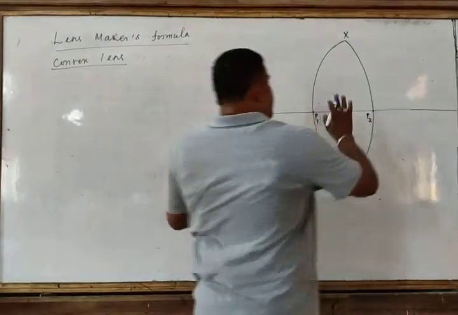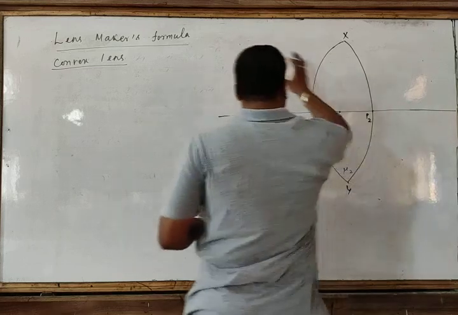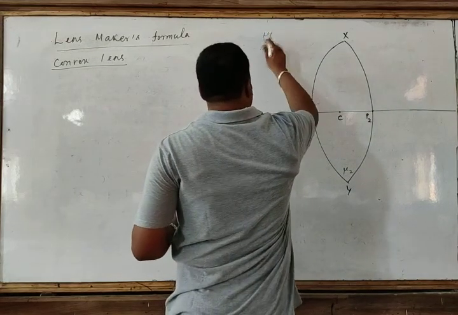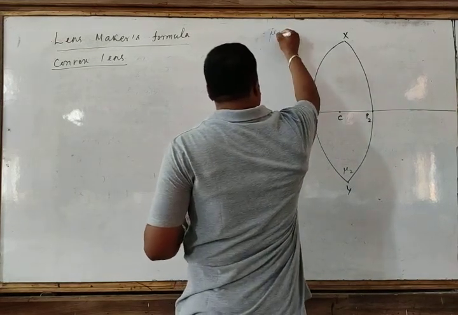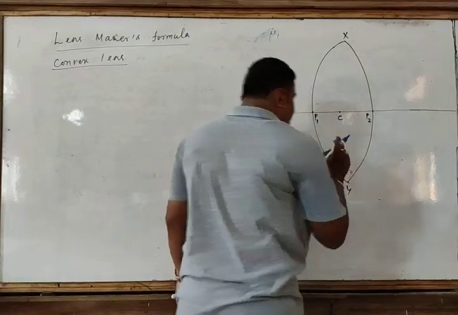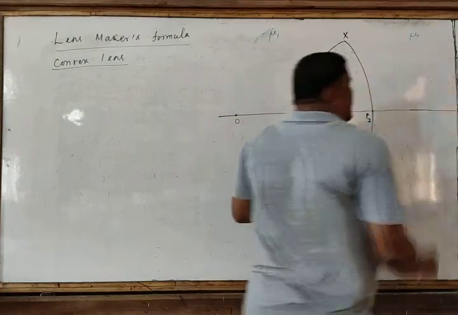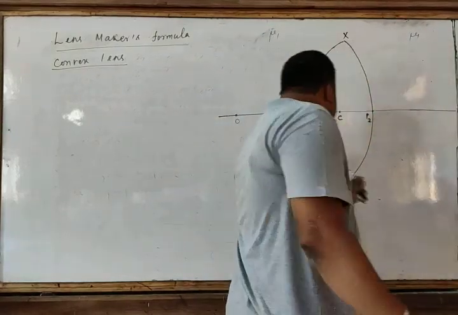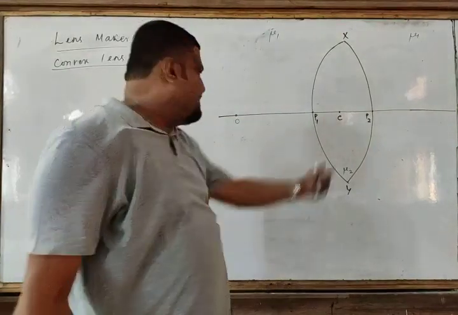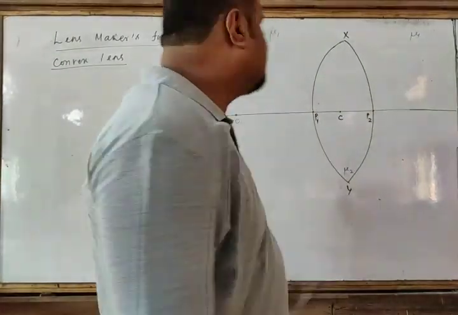Remember the refractive index of this medium, which is glass, is mu2, and the surrounding medium is mu1, which is rarer. The lens is a refractive medium bounded by two convex surfaces, so it is a double convex lens.